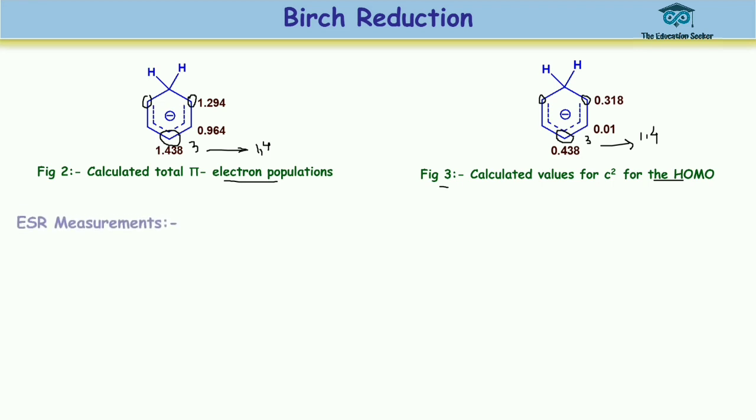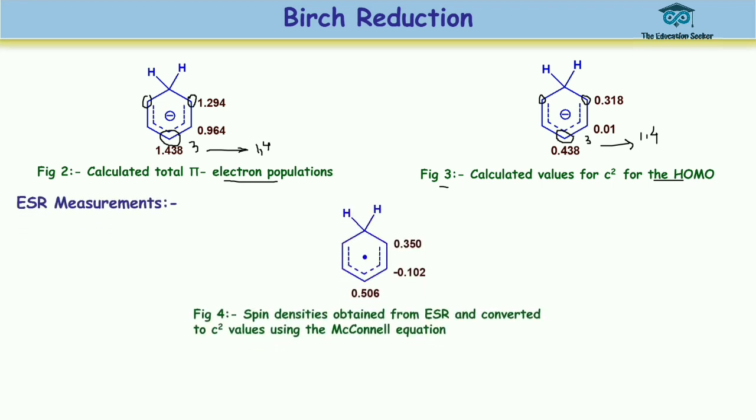Now coming to ESR measurement, we have this figure, and this represents spin densities obtained from ESR and converted to C square values using the McConnell equation. You can see that the spin density at carbon 3 is more than carbon 1 or carbon 5.